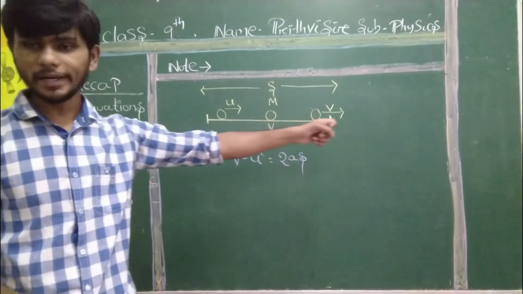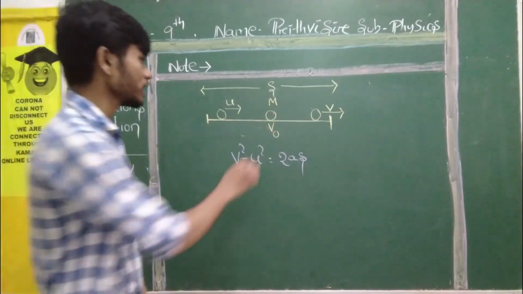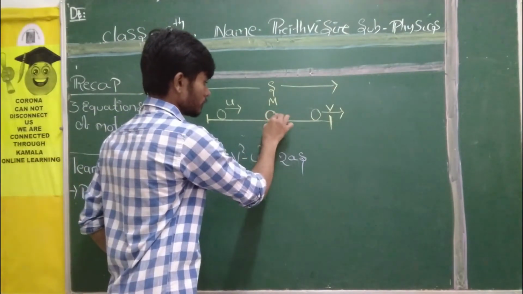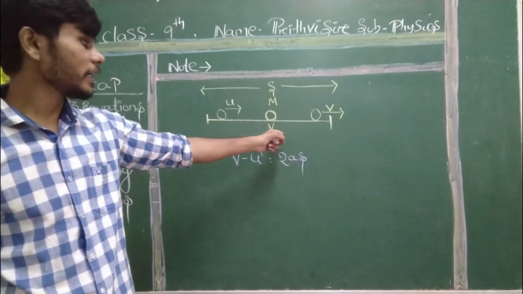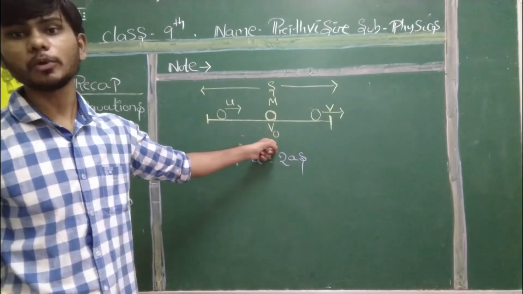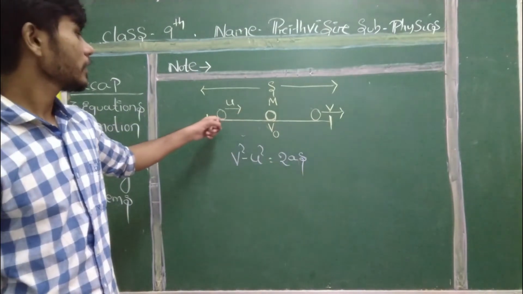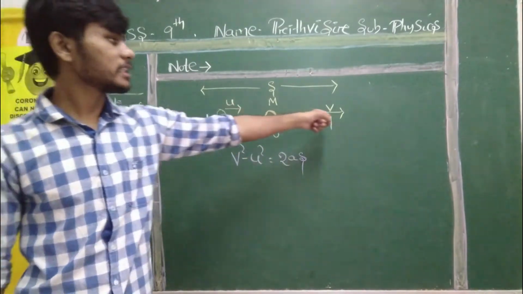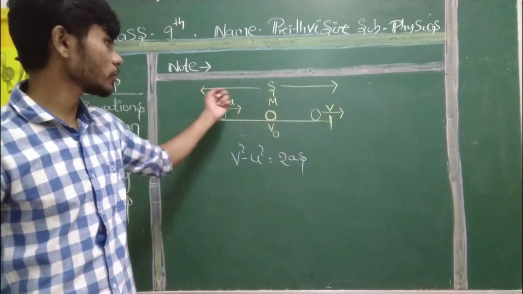Suppose these are the 2 points, and O is the object exactly at the midpoint, and at the midpoint its velocity suppose is V0. Initial velocity is suppose U and its final velocity is suppose V. That's what we need to take, and this is the total distance.